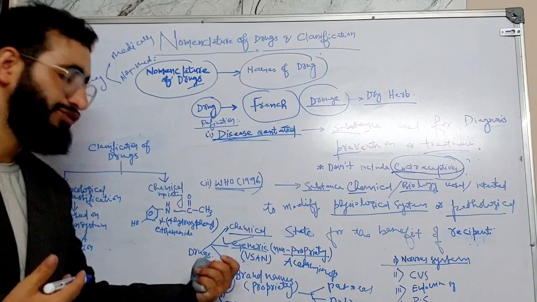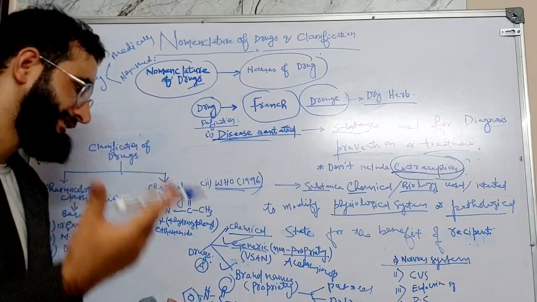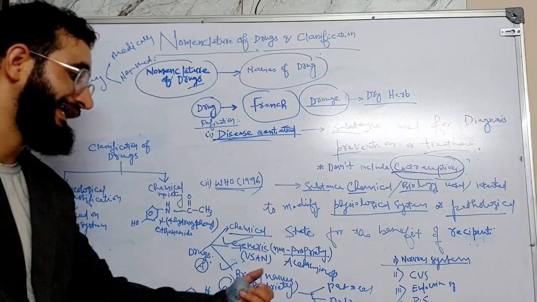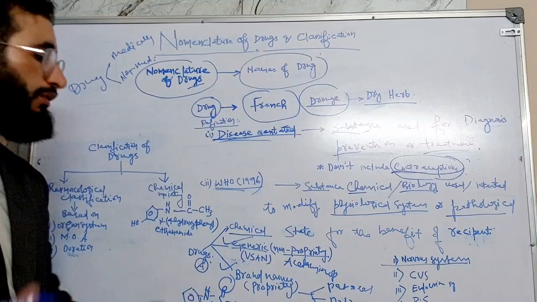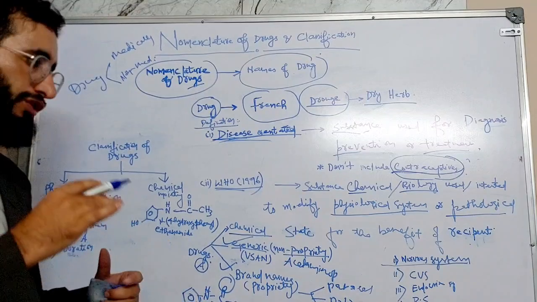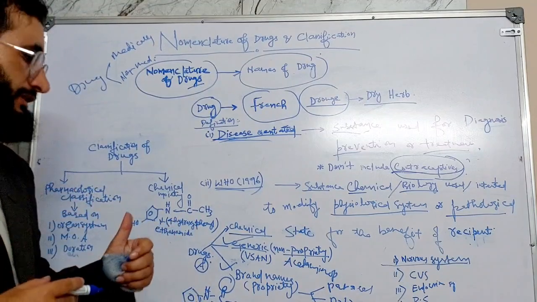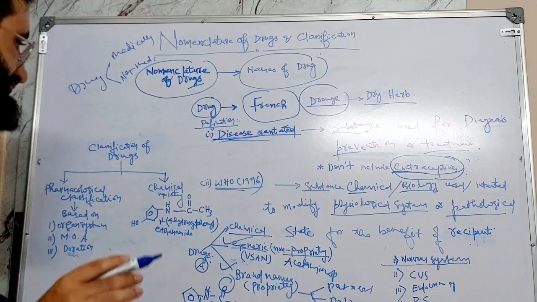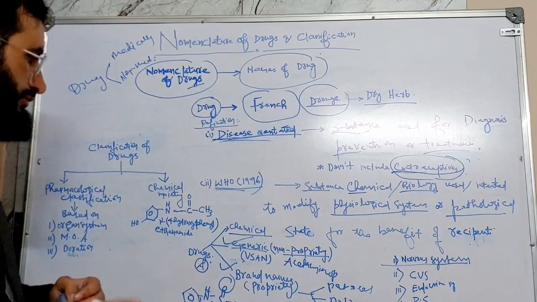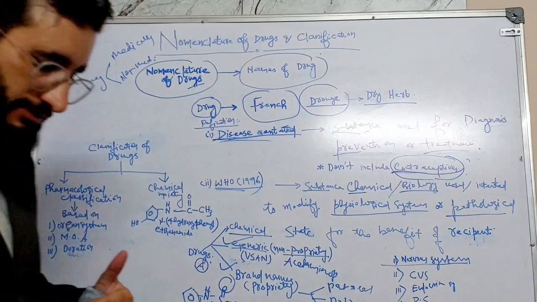Instead of this we can use paracetamol, acetaminophen, or brand names like Dolo, Calpol, Neuromol. This is easy and convenient. So in a prescription we use only two names, the generic name and the brand name. Now we can classify the drugs.